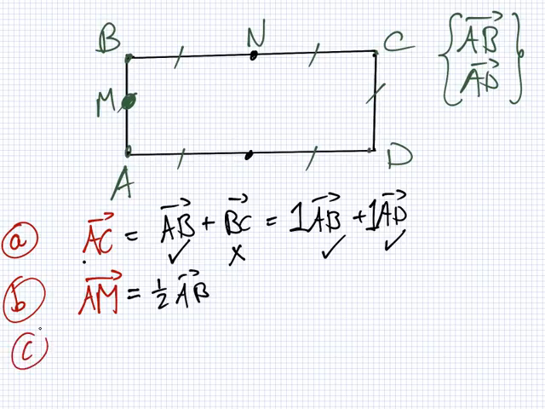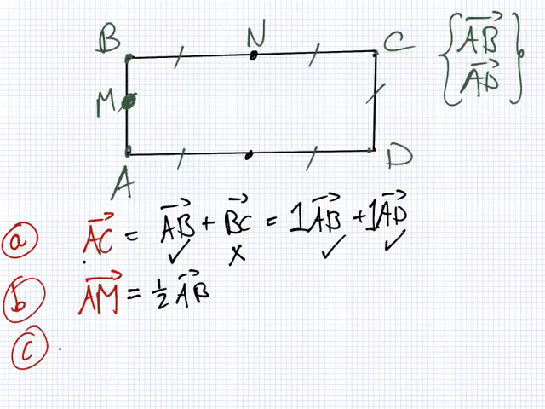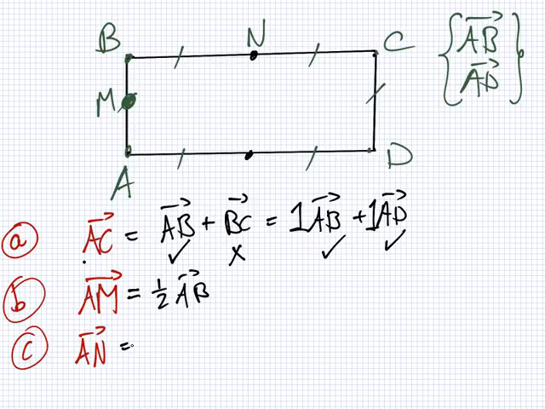Now let's see AN. Alright, try AN for me. See what you can get there. Again, not so difficult. AB plus a half BC, but then BC needs to be changed.